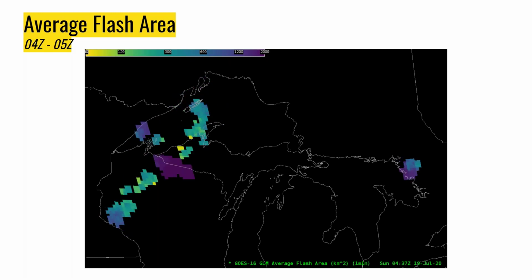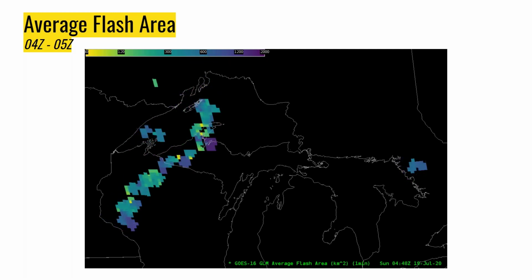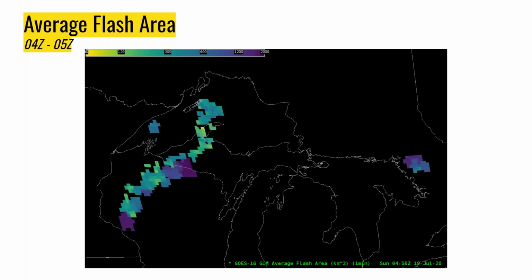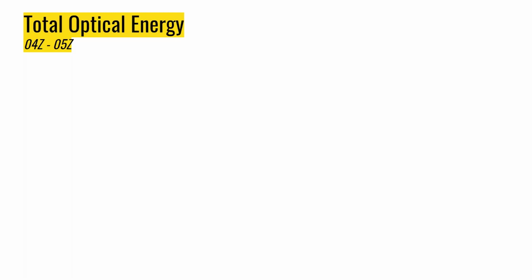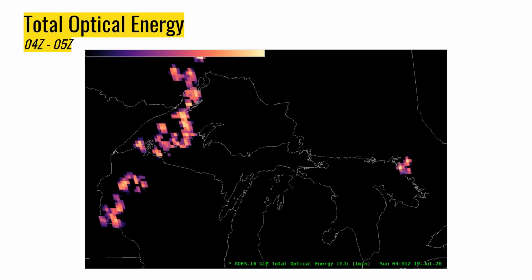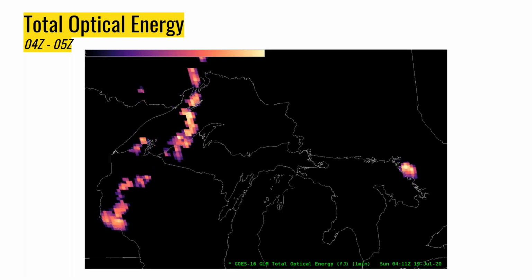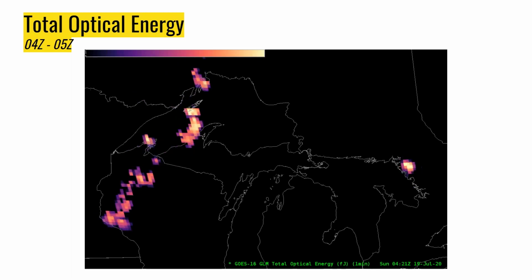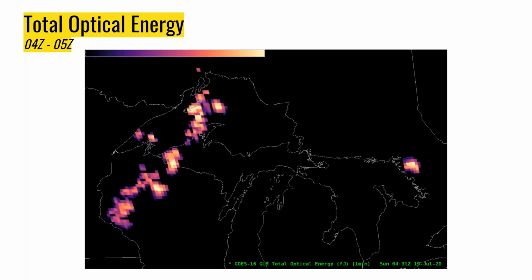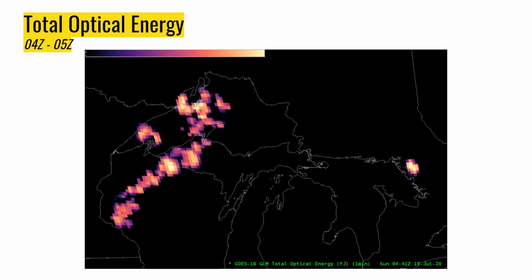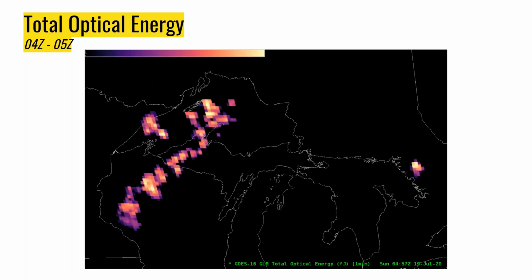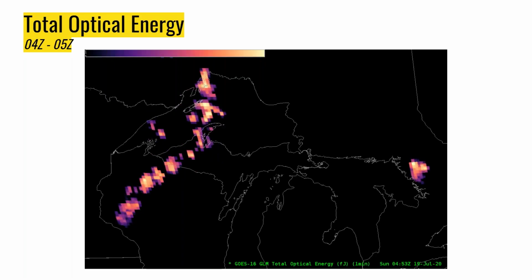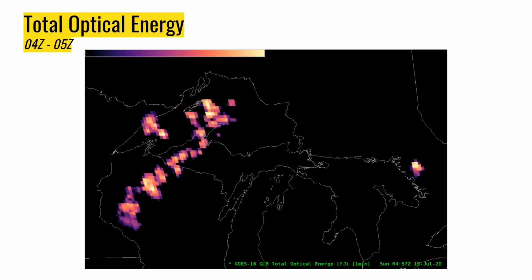You can certainly point out some points in time in which some of the activity was really spiking, indicating that perhaps there was an individual cell or cluster of cells that was going to be producing something. But again, from a marginal perspective, this is just one of those events that was outside of that marginal boundary, but I still thought it was very interesting to take a look at here in terms of some of the lightning activity.